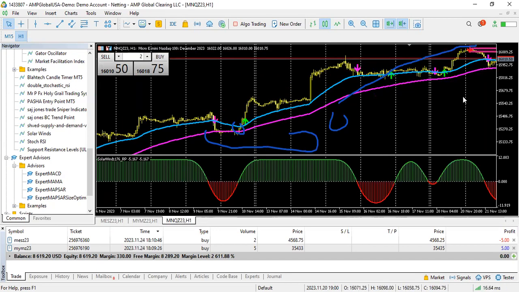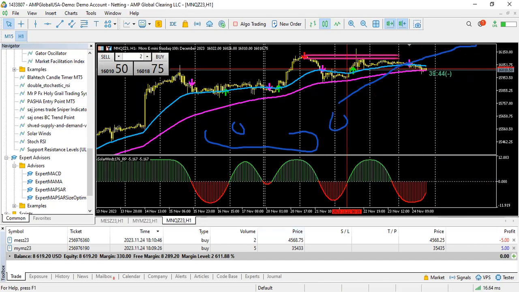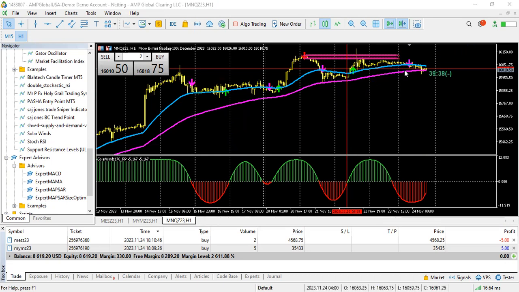Now we're getting a little something on NAS right now. We're getting a pullback. Looks like we're getting some directional change, right? So what do we do? We wait until either this crosses over or we get another support. So it works for all of these futures.